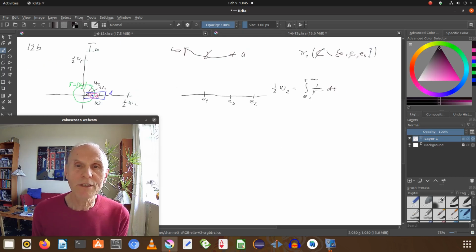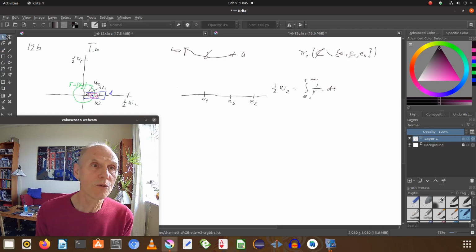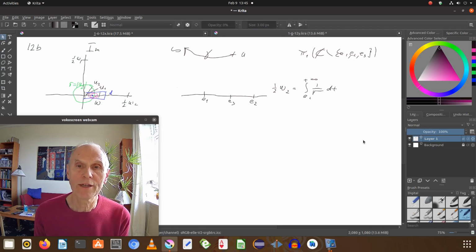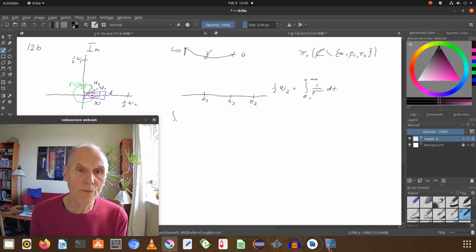Now, the point is that we have to find out what are the possible values of going to infinity from E1, E3, and E2. And I just want to make the claim that the integral from E1 to infinity may give any of these values where m and n are arbitrary integers.